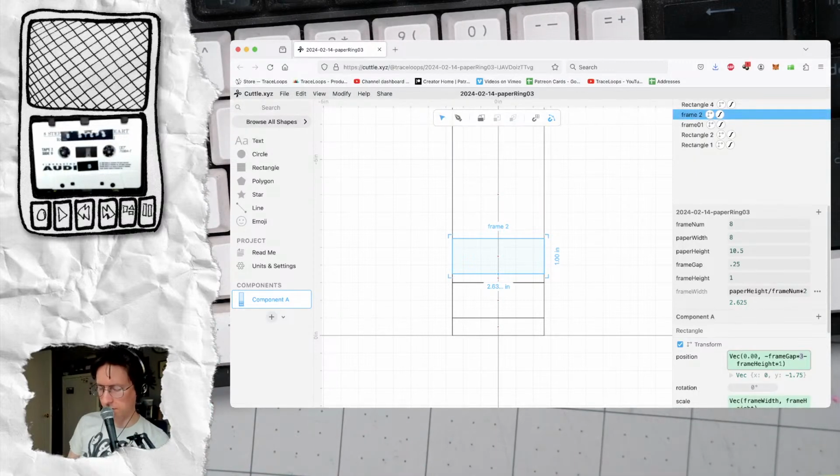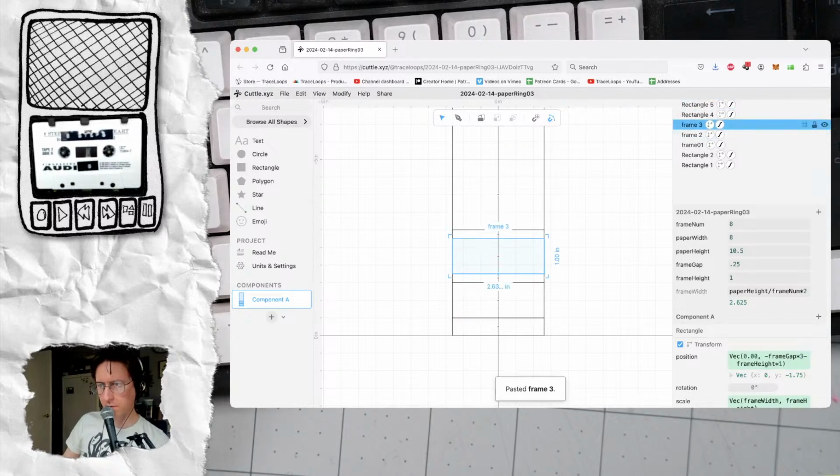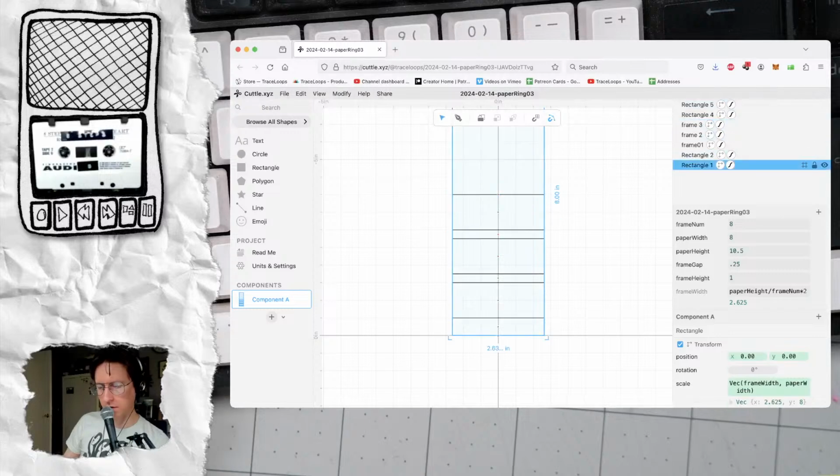So that's a third frame gap. Now I need another one of these. So that's 1, 2, 3, 4. And this is frame 3. And it gets one further here, one further there. Now I need this one.